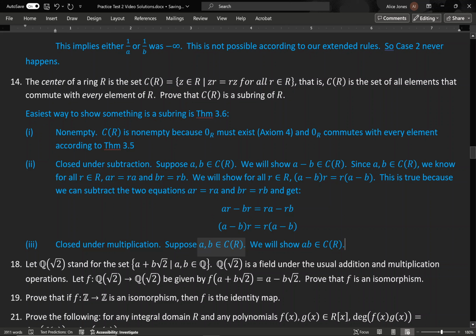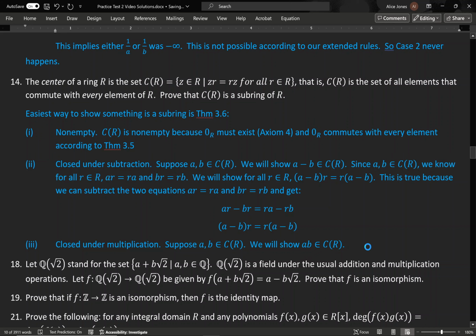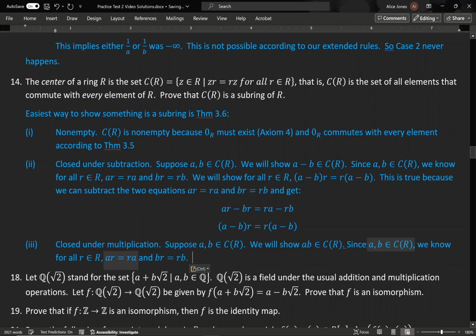Well, we just have to leverage our assumption about A and B being in C of R. So we get the same information as before: these two equations for any ring element R. And what we want to show is basically the same thing, but using A times B. So we will show ABR equals RAB.